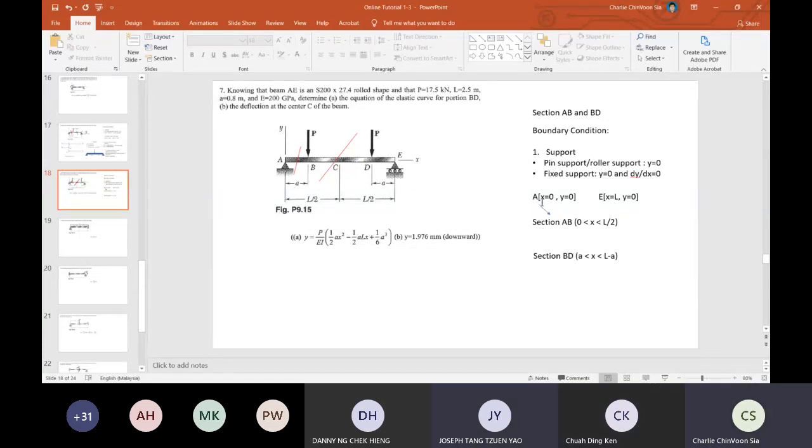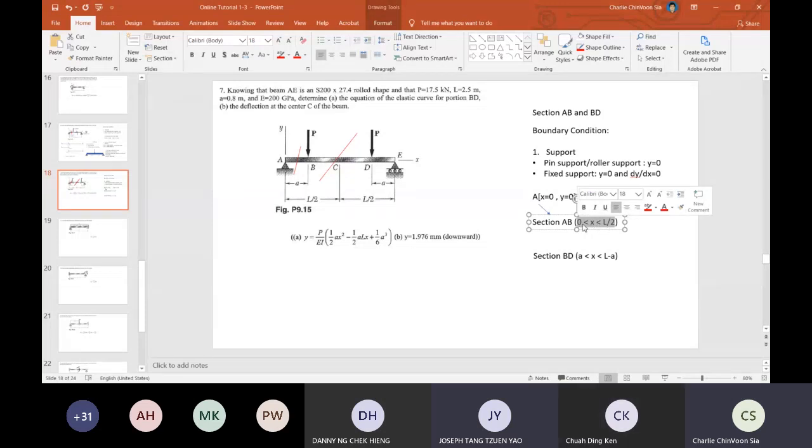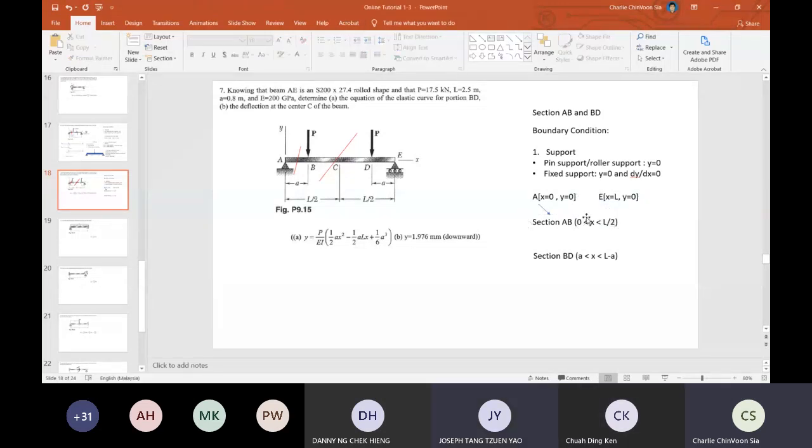Because x equals 0, y equals 0 is only valid for AB, because if you look at the range here, x from 0 to L over 2, here is x equals 0, right? So this boundary condition is only valid for section AB. Is it clear?